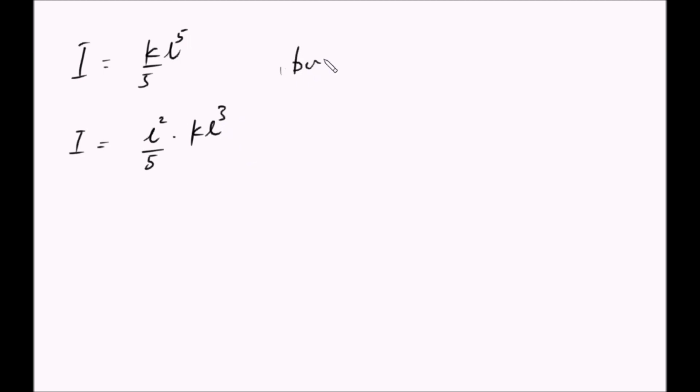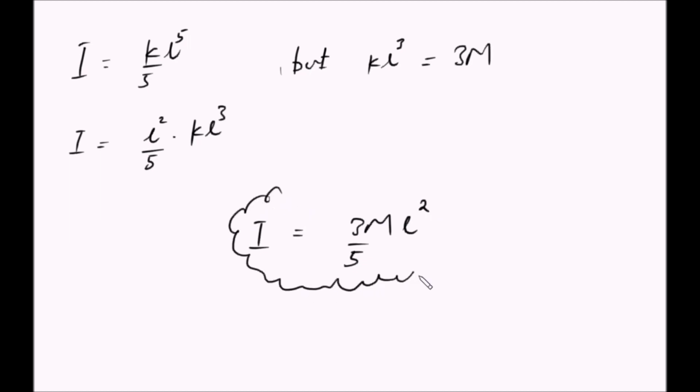Lakini tumeona kwamba KL cube ni sasa na nini? 3 times the mass of the whole body. Kwa hiyo kumbe finally the moment of inertia is going to be equal to, so hapa kwenye KL cube naweka 3m, L squared over 5. Sasa hii ndio moment of inertia. Hii ndio jibu langu la mwisho. So let me say now, see you in the next tutorial.